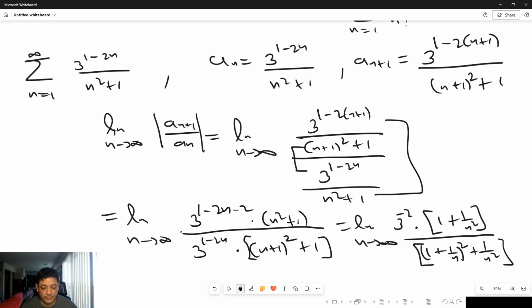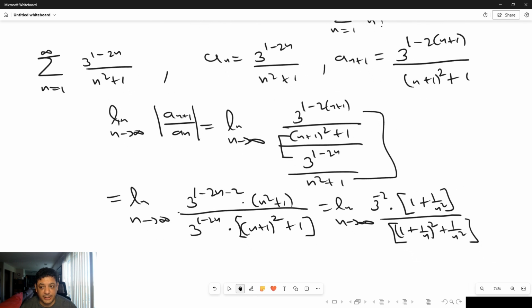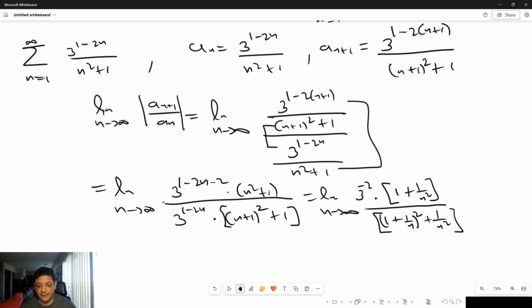And this is just me going very quickly over the limit again. At this point, I assume that you understand a lot of these techniques, but make sure to do it slowly if you need to actually get to this point. Now, when n goes to infinity, notice that this part goes to 0. This goes to 0. This goes to 0.